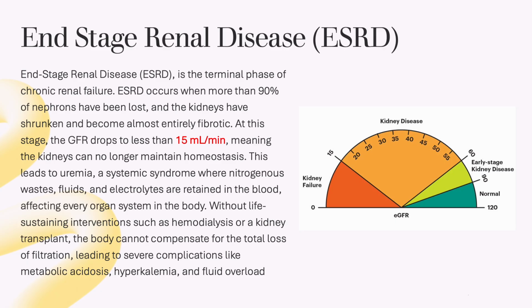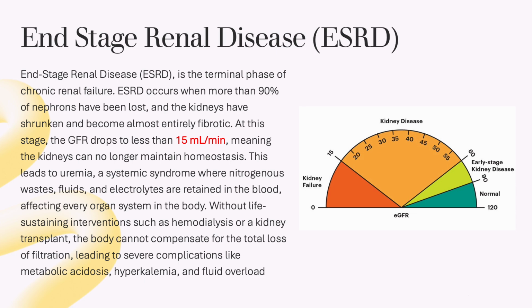If you look at this diagram, it shows you the GFR, glomerular filtration rate, right? Normal is 90 to 120. Early stage kidney disease is 60 to 90. Then 15 to 60 is kidney disease, and 0 to 15 is kidney failure.